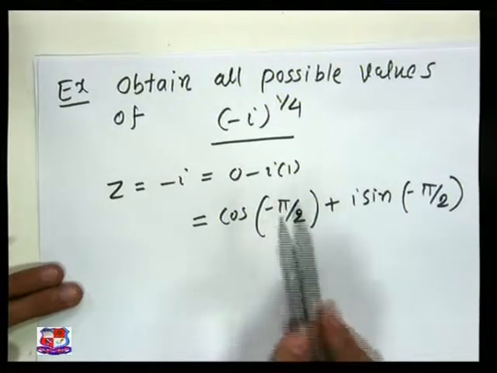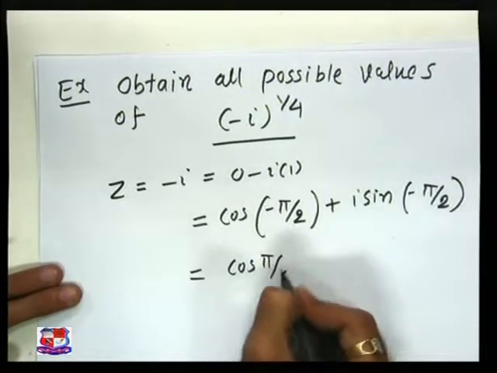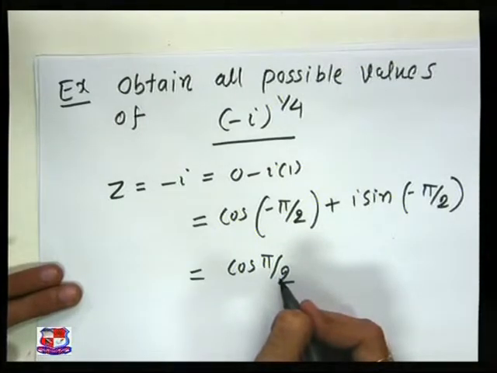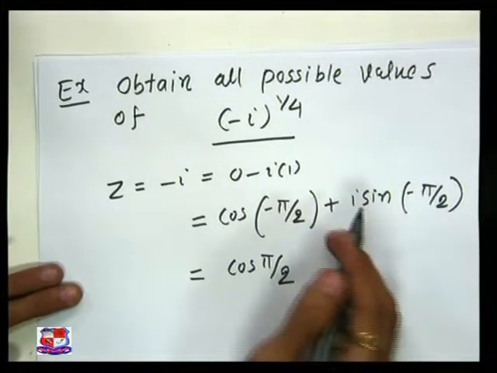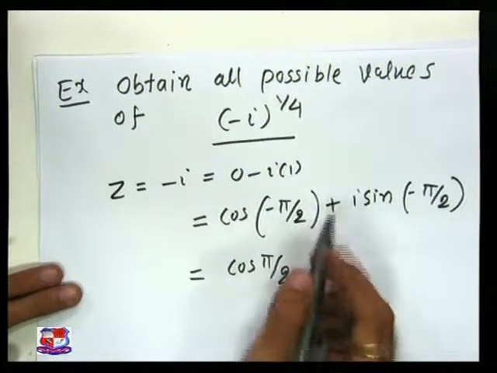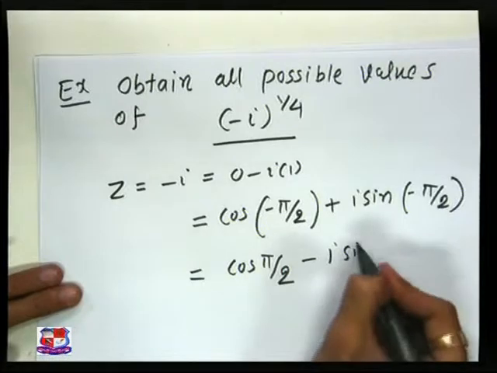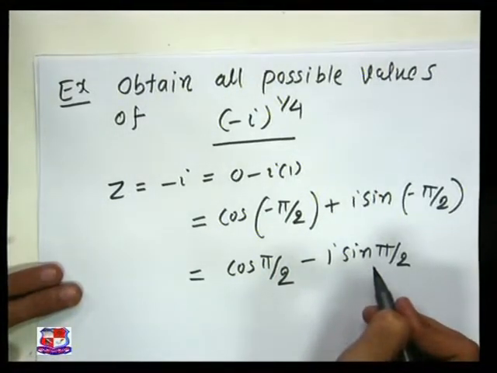So here the answer will be cos of minus theta is equal to cos theta, and sine of minus theta is equal to minus sine theta. So this is equal to minus I sine pi by 2.